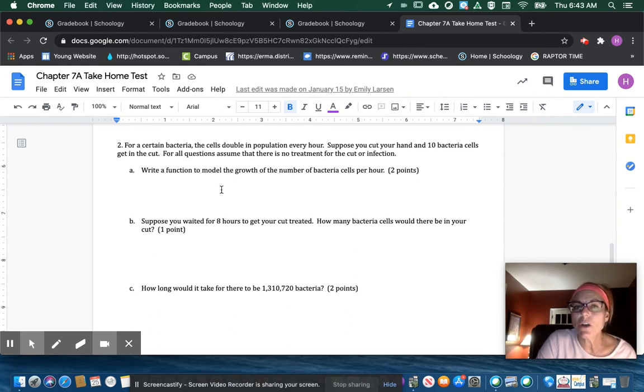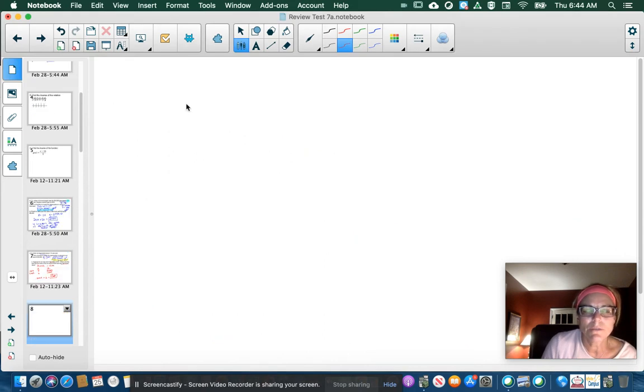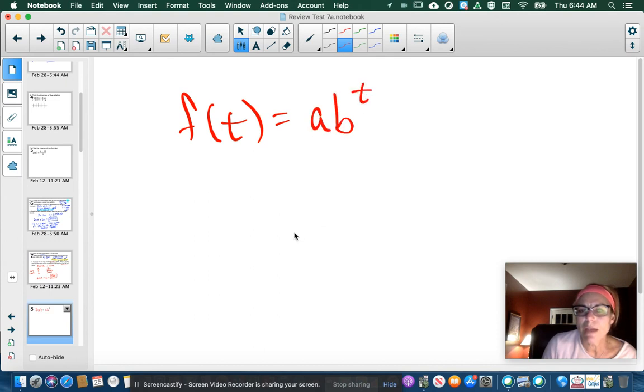So we're going to write a function to model the growth. Since there is no percent on this one, I don't think it's going to let me write on here, and it's not. But there's no percent on this one. So you want to make sure on that one, on number 2, I'm just going to a new screen here. You want to make sure that you're using that model.